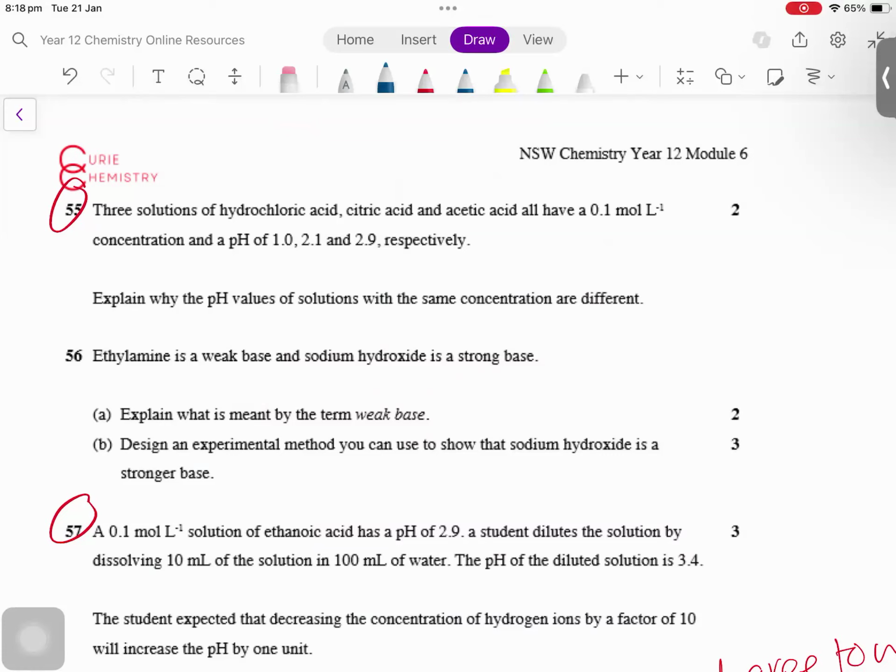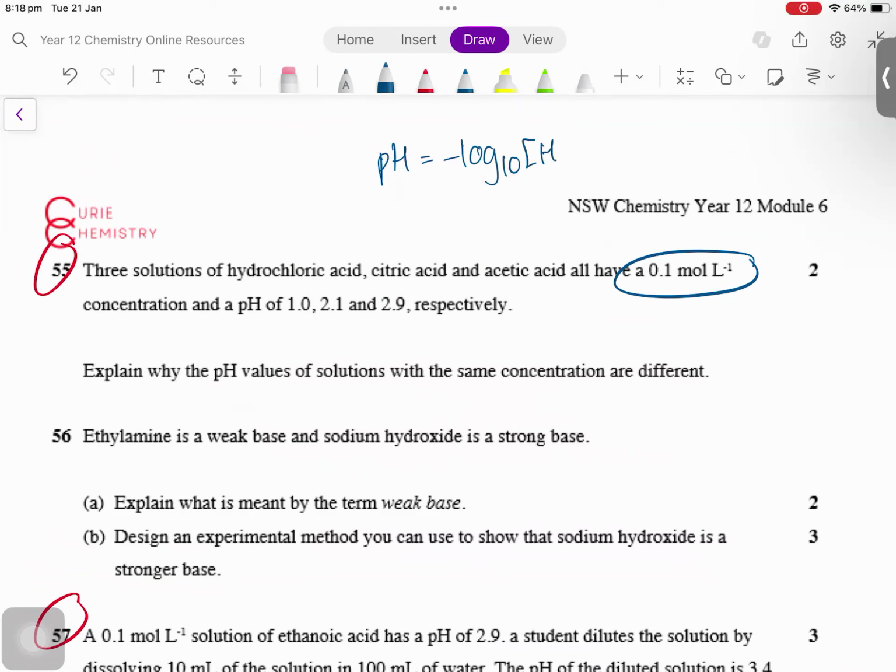Your acids all have the same concentration. pH is a function of concentration. pH is negative log base 10 of the concentration of H+. If you have the same concentration, when you pop it into the equation, you should get the same number. If you pop the same number into the equation, you should get the same number out.